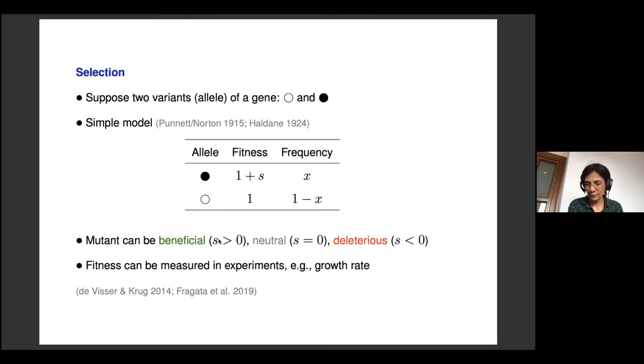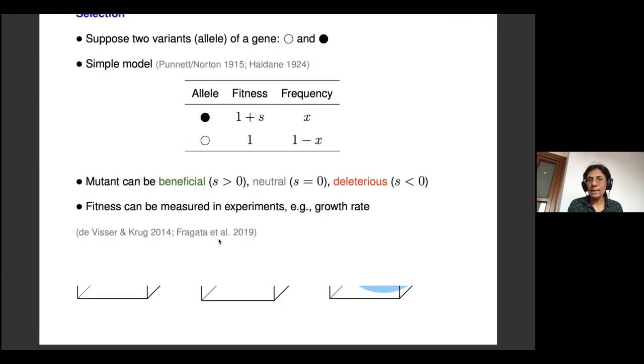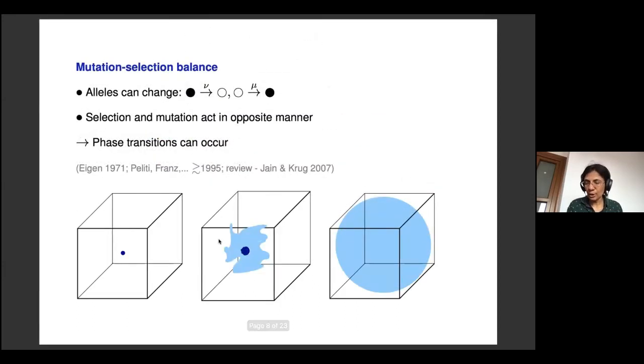So that's selection. Now, selection has a tendency to select the fitter one, to localize the population towards the good allele. But that's not all. There's also mutation, which acts in just the opposite manner. If there's only selection, you have the survival of the fittest. That is, all the population is localized around a fit sequence.